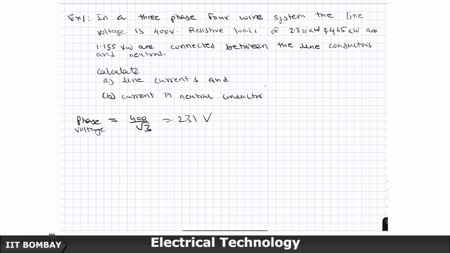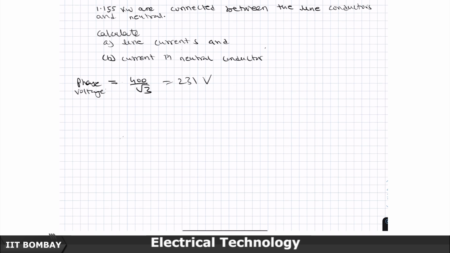Resistive load of 2.310, 3.465 kilowatts and 1.155 kilowatts are connected between the line conductors and the neutral. So, there is a neutral also, the supply is star connected very clearly. Calculate line currents and current in the neutral conductor.